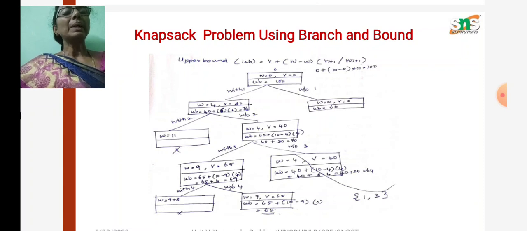This is our solution to the given knapsack problem using branch and bound. Our final output is the subset of items 1 and 3, with the maximum profit. Thank you.